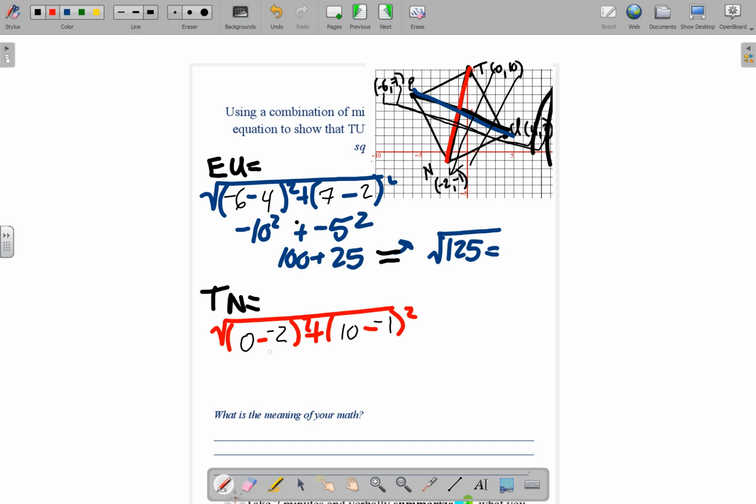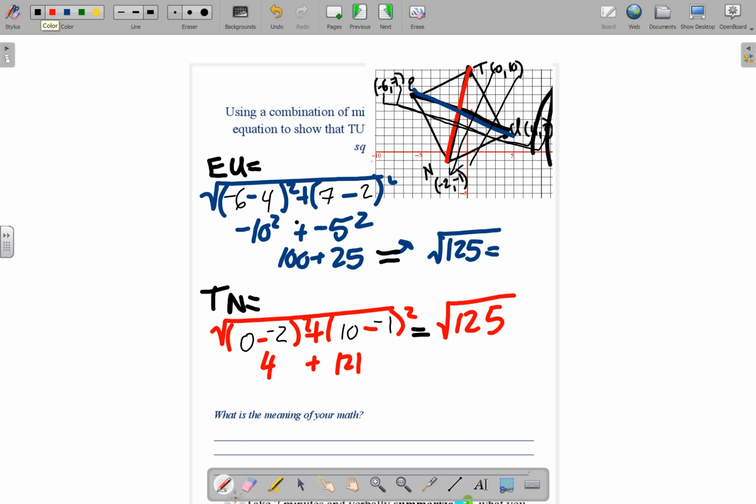Taking a look down here, this one's going to be 2 squared, that's 4, plus 11 squared, that's 121. Notice they are both root 125 in length. So we've just proven that it is a rectangle.